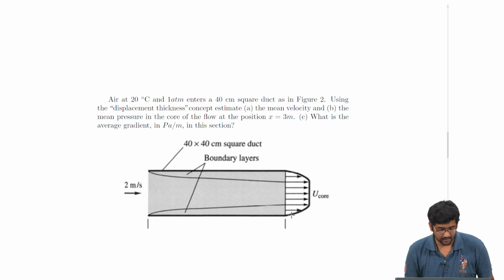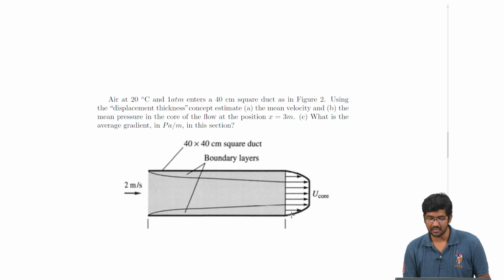The question goes like this: air at 20 degrees centigrade and 1 atmosphere enters a 40 centimeter square duct as shown in the figure, and using the displacement thickness concept we are asked to estimate the mean velocity and the mean pressure in the core of the flow at the position x equal to 3 meters, and the average gradient in Pascal per meter in this section.